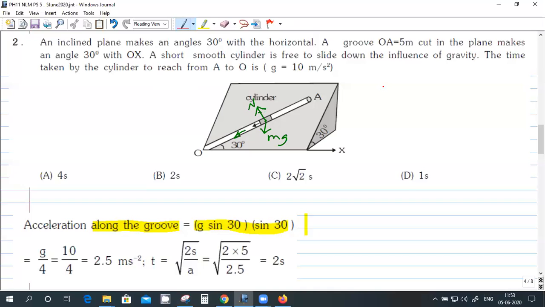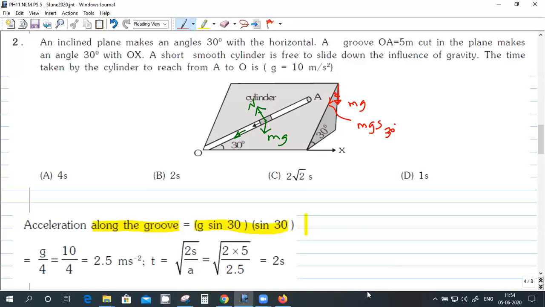See, this is the direction of mg, right? Okay, so this component is mg sin 30 because this is 60, right? So this component is mg sin 30. It is cos 60, sin 30.